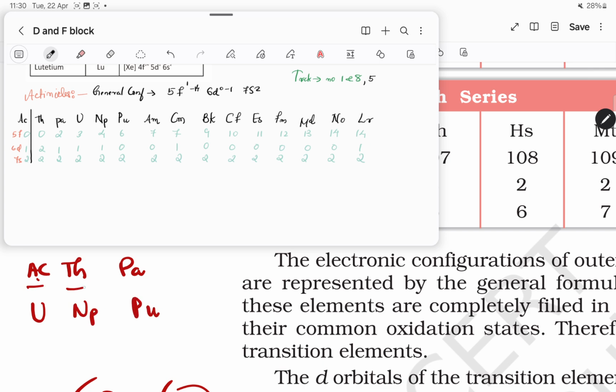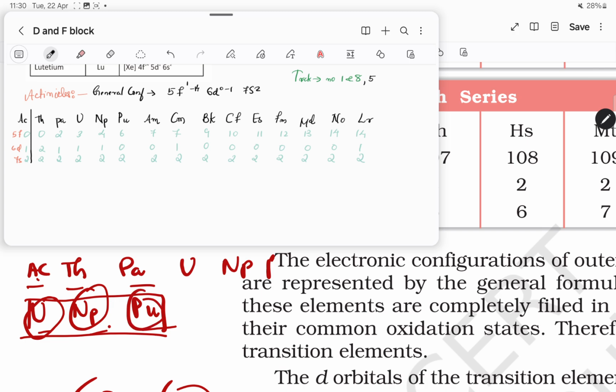Or otherwise, if you are not remembering it in the order, what I usually studied was across the park, unpredictable. But that P was getting confused, so I used uranium, neptunium, plutonium itself.